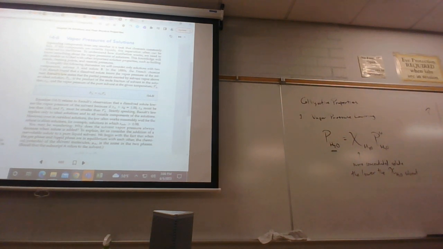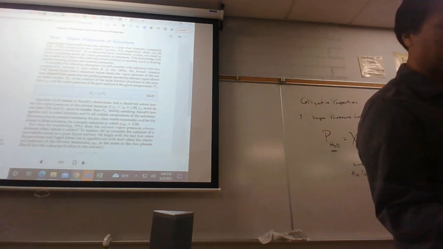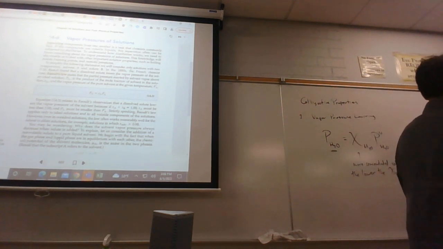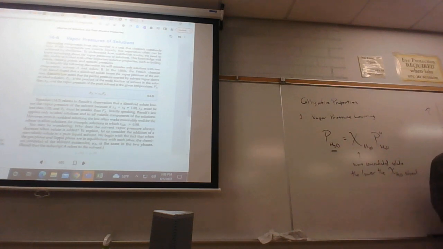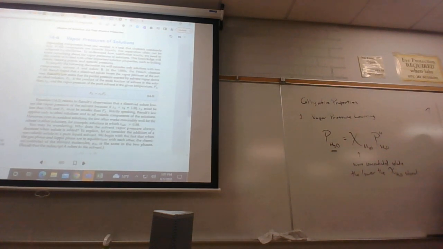So let's say we have vapor pressure lowering of water. What that's going to do is impact the position of this. And so if the vapor pressure is lowered, this is the vapor pressure curve here, which is this exponential thing.